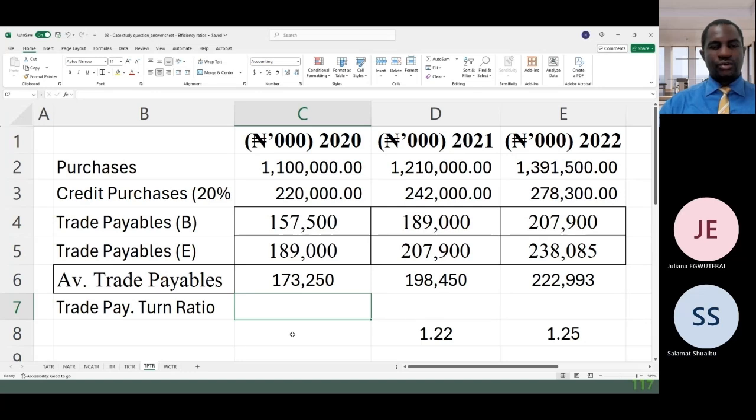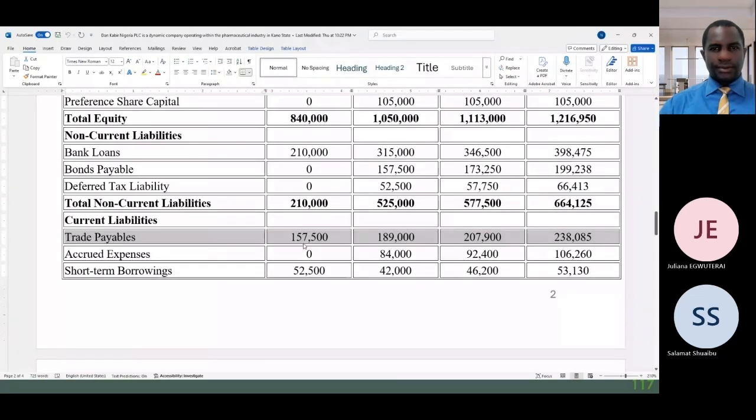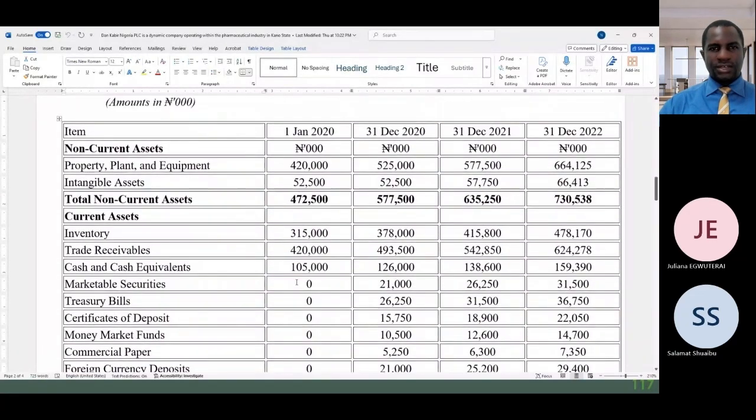Is it the turnover ratio now? No, the average. That's beginning plus ending over 2. Okay, for 2020, you have 182,700. How comes we're having differing figures?